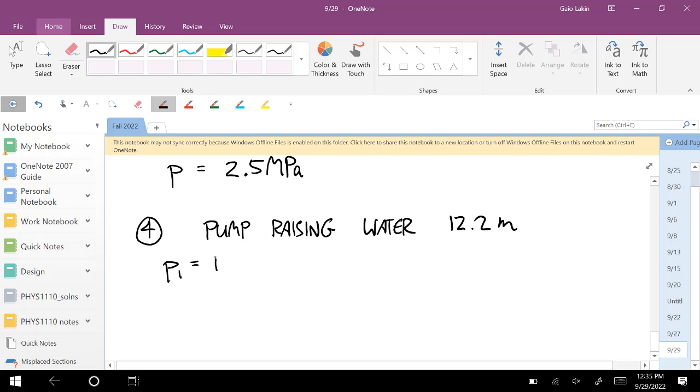That's given, so 1.01 times 10 to the 5th pascals. The temperature at the inlet and at the exit is 17.8 degrees Celsius, converted from the Fahrenheit temperature. And the speed, V1, is 12.2 meters per second.